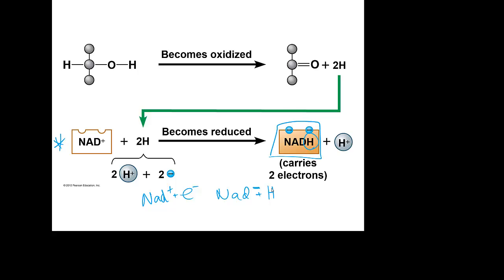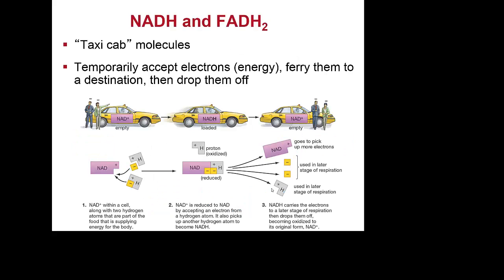So this process allows us to move these electrons efficiently around your cell. Because if you break bonds and release electrons, they're not well behaved. This is like herding cats, okay?